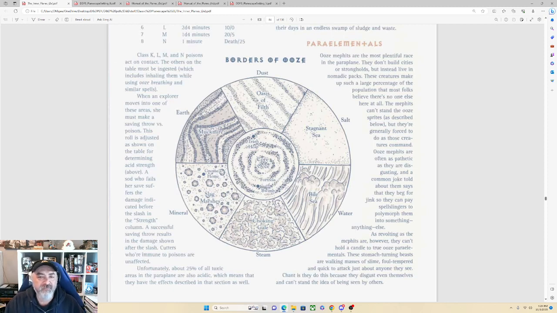So the borders of ooze, if you think about it, the paraplane of ooze is connected to not every plane, but a few, which allows all the other stuff to breathe into it. The stagnant sea is where the ooze borders salt. The oasis of filth is where it's dried out into just clingy, nasty dust.